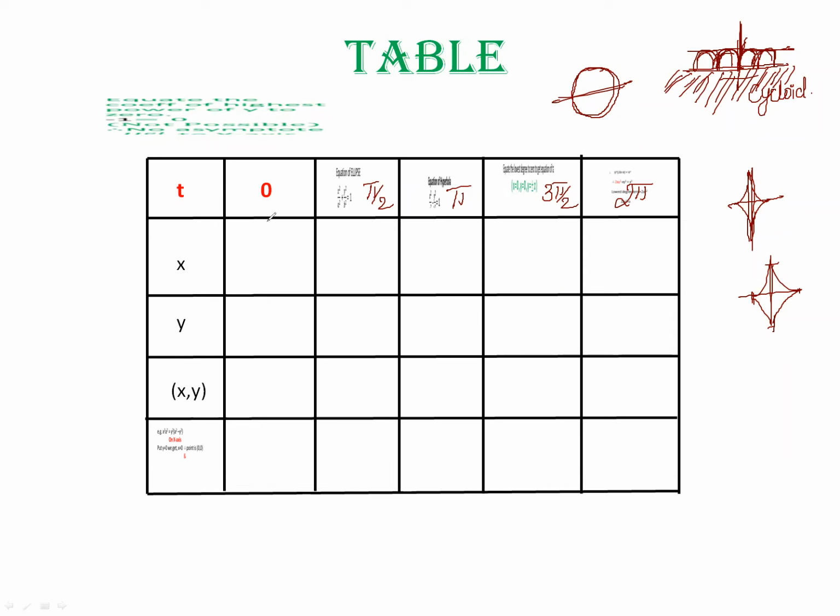So whenever we are getting the values of theta, at that time we have to take 0, pi by 2, pi, 3 pi by 2, and 2 pi in multiples of pi by 2. Got it? Everyone got it? Yes, ma'am.